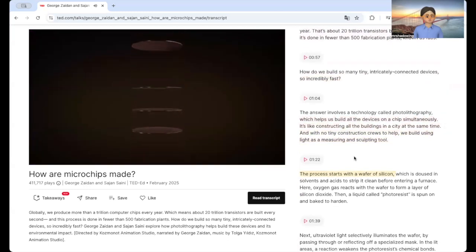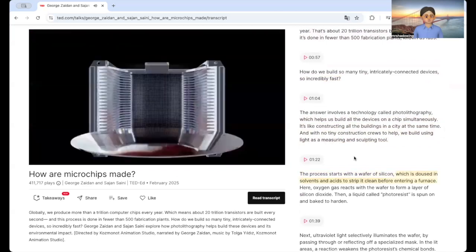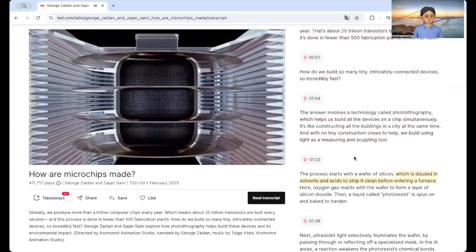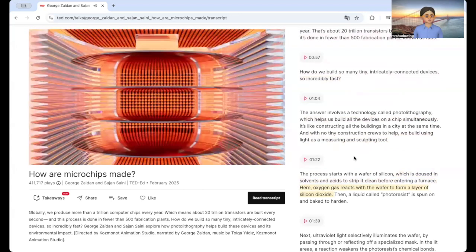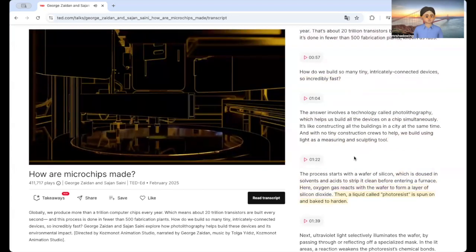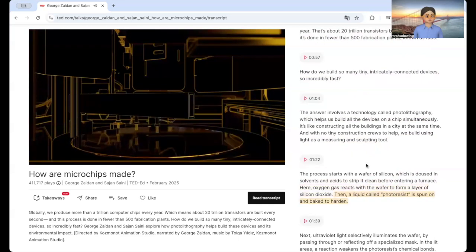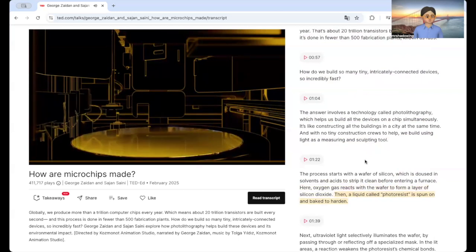The process starts with a wafer of silicon, which is dissolved in solvent and acid to strip it clean before entering the furnace. Here, oxygen gas reacts with the wafer to form a layer of silicon dioxide. Then a liquid called photoresist is spun on and baked to harden.